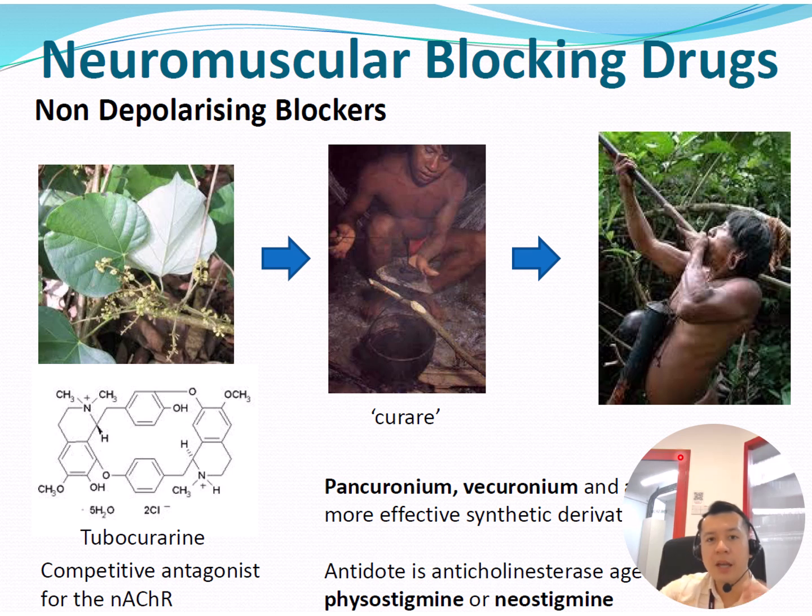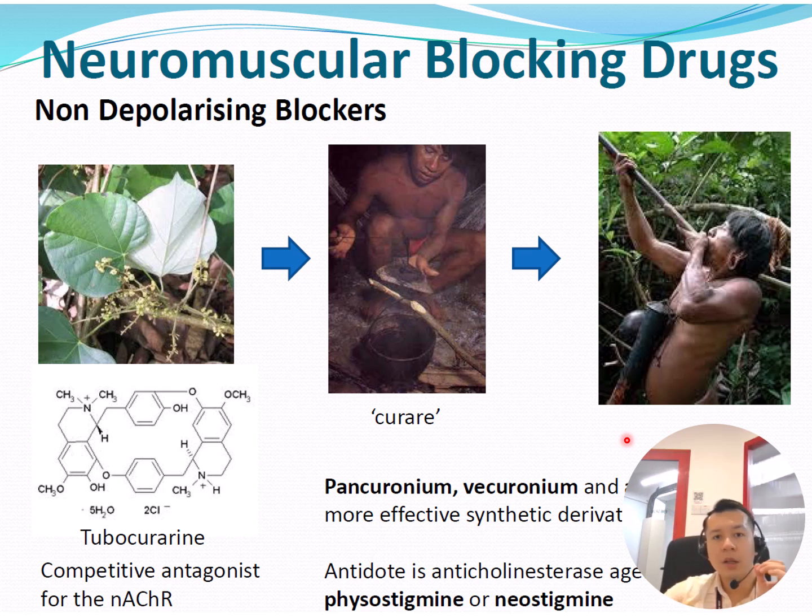Okay, so this agent basically competitively blocks your nicotinic ACH receptor. When they block your receptor, your skeletal muscle will become relaxed. This competitive block of your nicotinic receptor prevents acetylcholine from triggering the contractions.